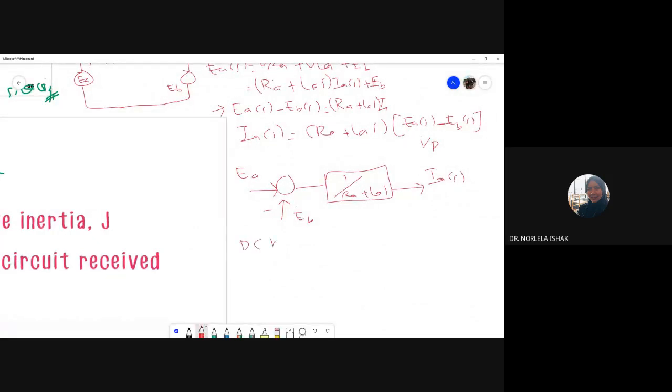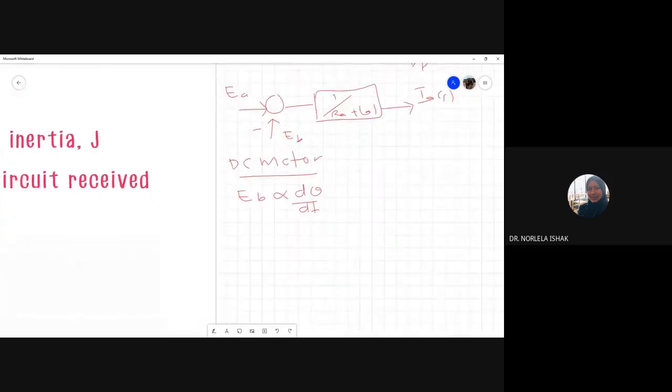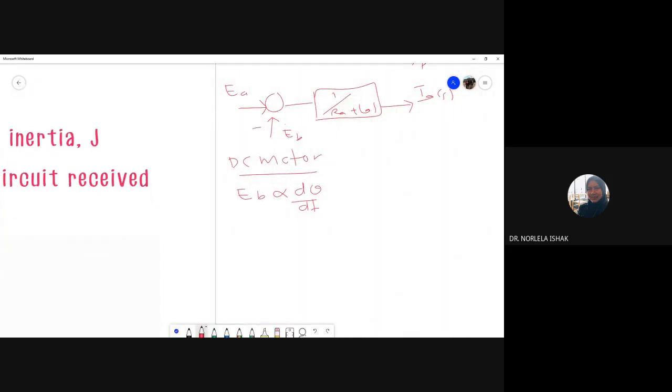Okay, DC motor. First one, we derive EB. EB is proportional with the speed, d theta over dt. So we simplify this equation.